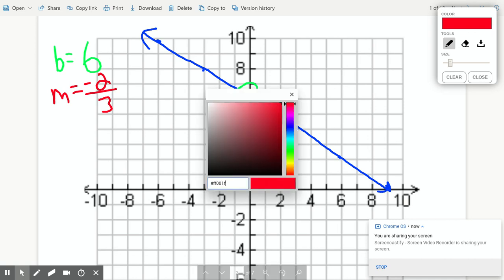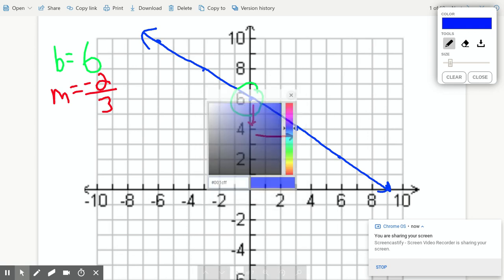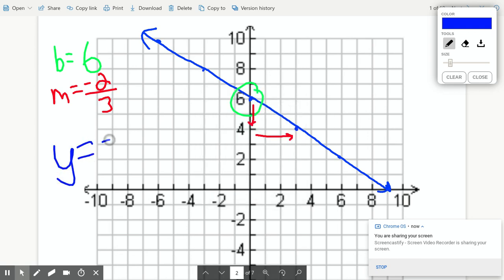So then my equation would be y equals negative 2 over 3x plus 6. Now, that's what happens when you're given a line. Now, sometimes you're not given a line, you're given a table.